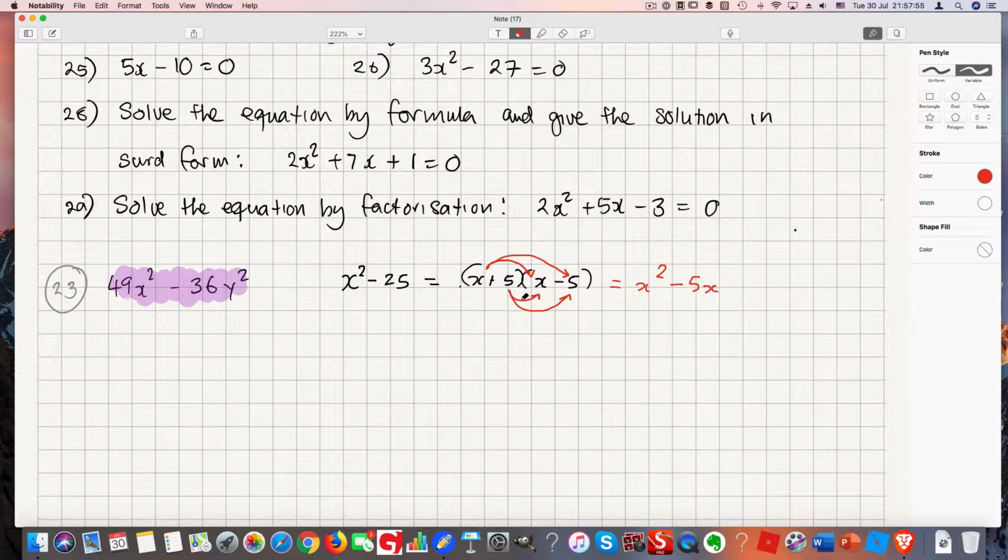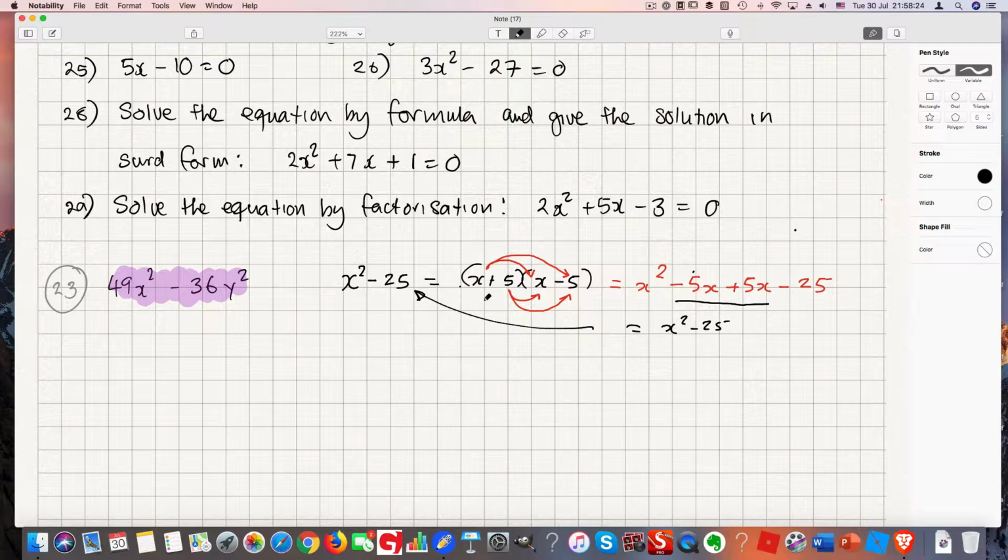Then 5 times x is plus 5x. Then 5 times minus 5 is minus 25. So this minus 5x and this plus 5x goes to 0, and you're back to x squared minus 25, which is exactly that.